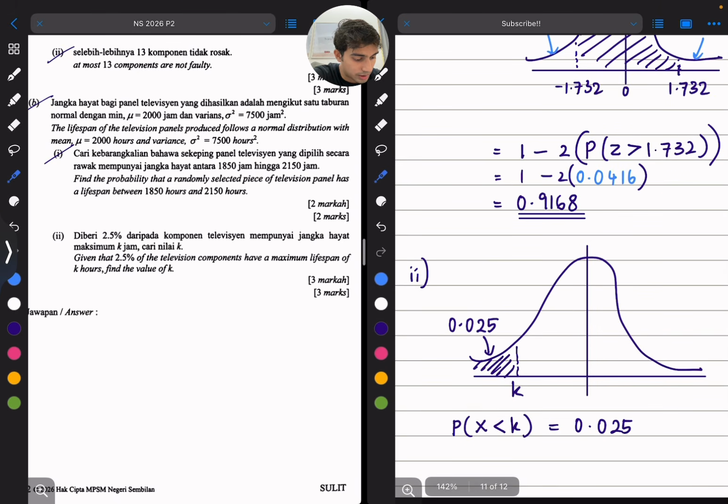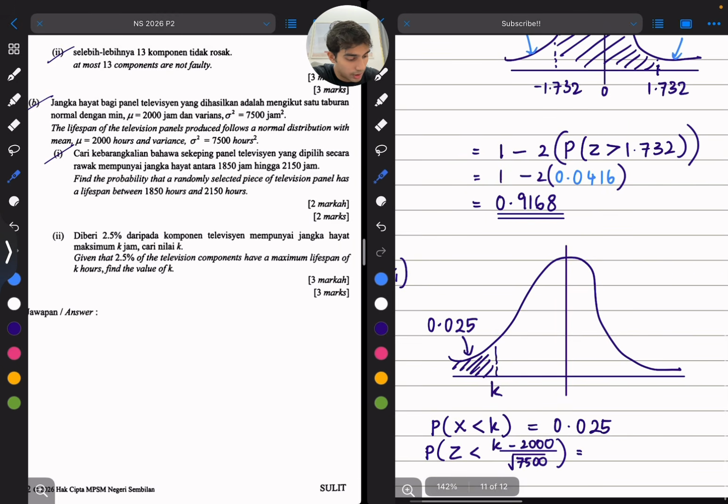Okay, x being less than k hours is 0.025. So now we can convert this to standard as well: X minus mean over standard deviation. And then this value also we have to convert to z-score.